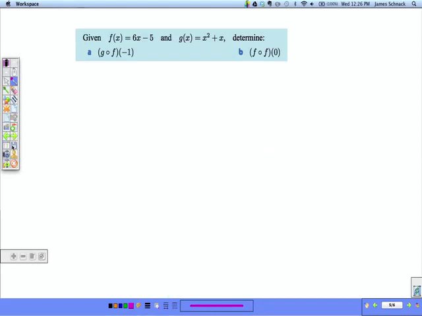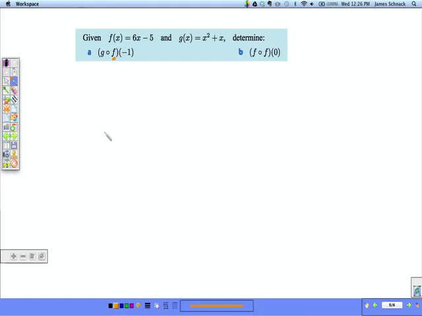Now, another example, we've got f of x, g of x. Find g of f of negative 1. Now notice this has a value here instead of just x. So what machine am I going to plug negative 1 into first? That's an important question we have to answer.